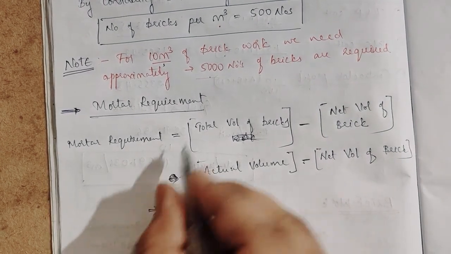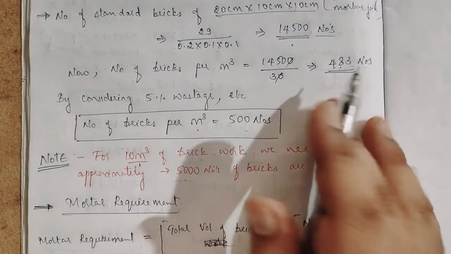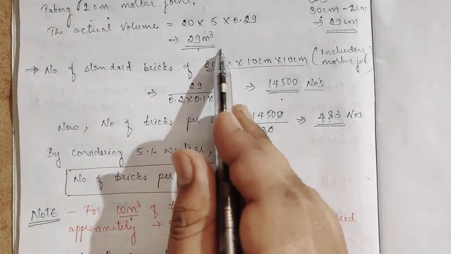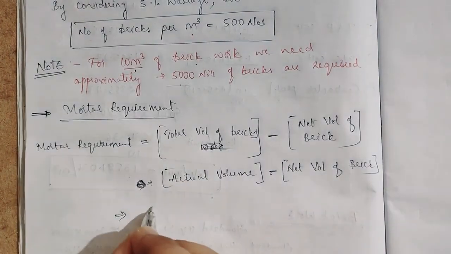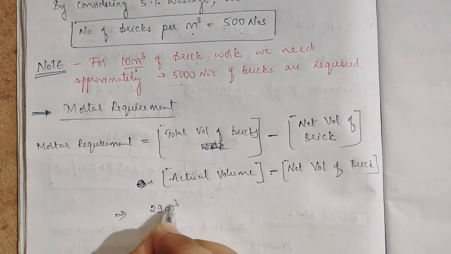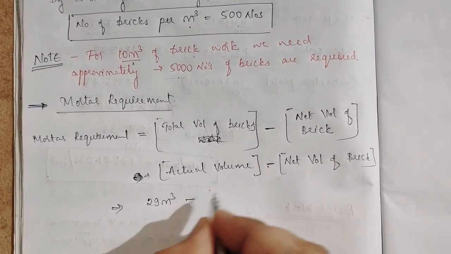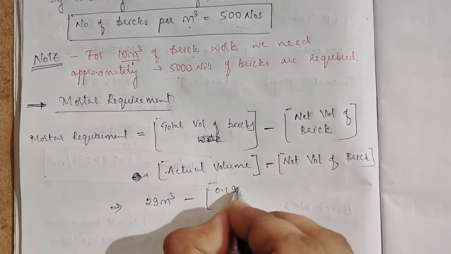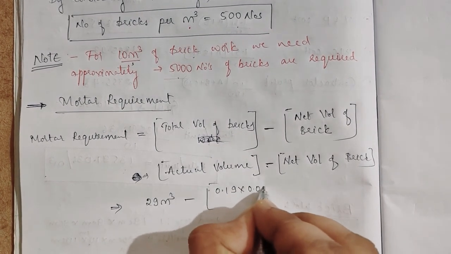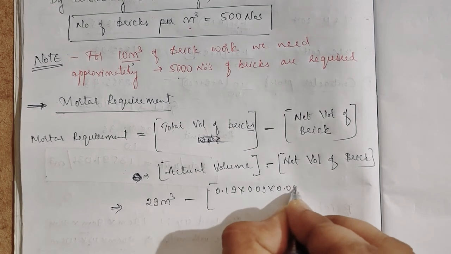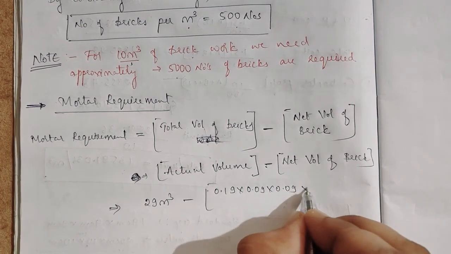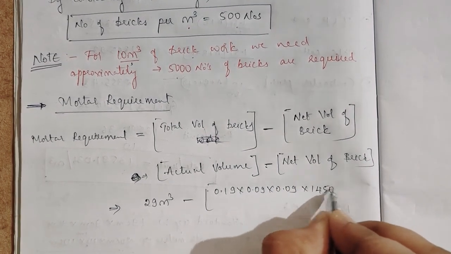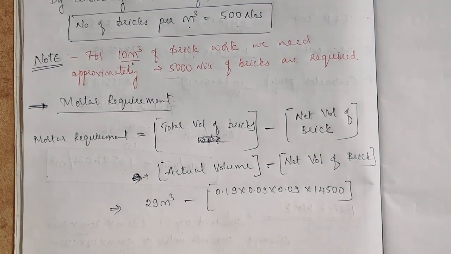So the actual volume we got here is 29 meter cube, right? So I'll take 29 meter cube actual volume. So net volume will be, what is the standard size of the brick? 0.19 into 0.09 into 0.09 into 14,500.